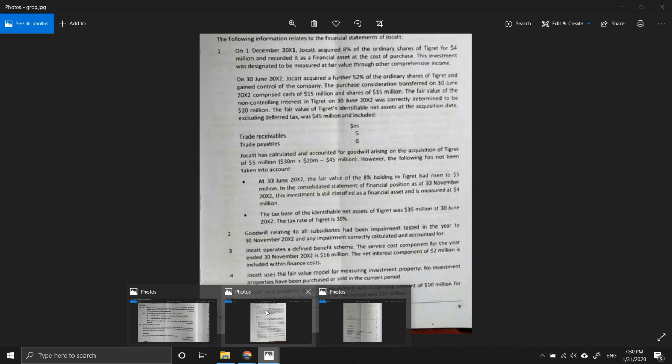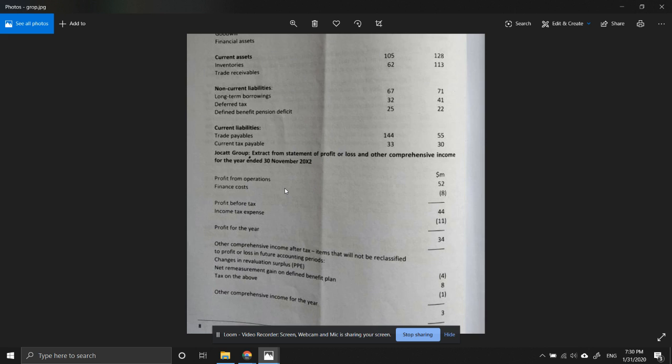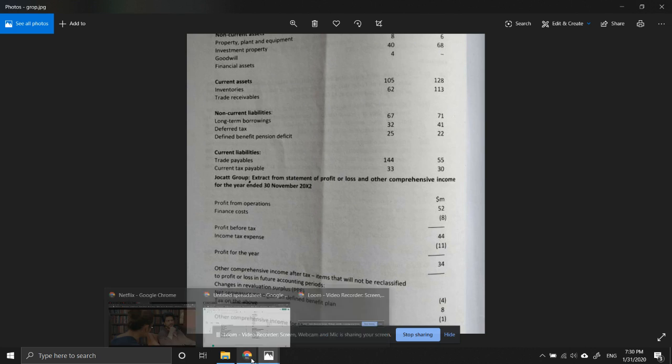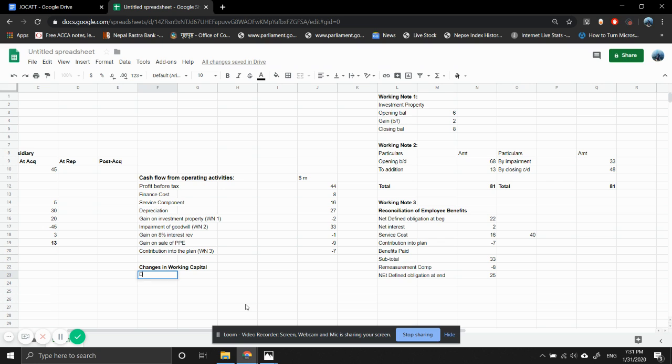What has happened to our inventory? So inventory and trade receivable, decrease in inventory and decrease in receivables, right?